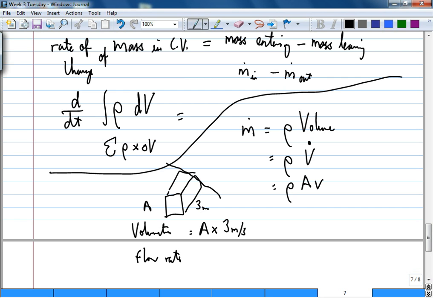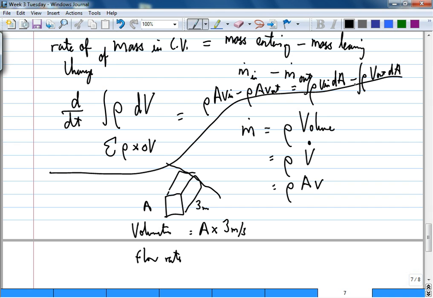So it's actually rho A V in minus rho A V out. But in case your velocity is not uniform, that gives you the integral of rho V in dA minus the integral of rho V out dA.